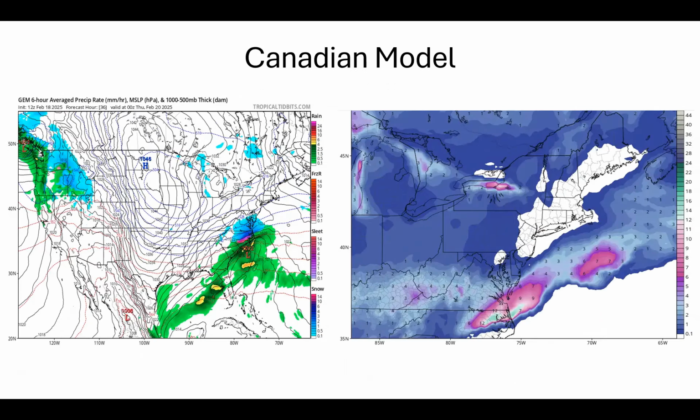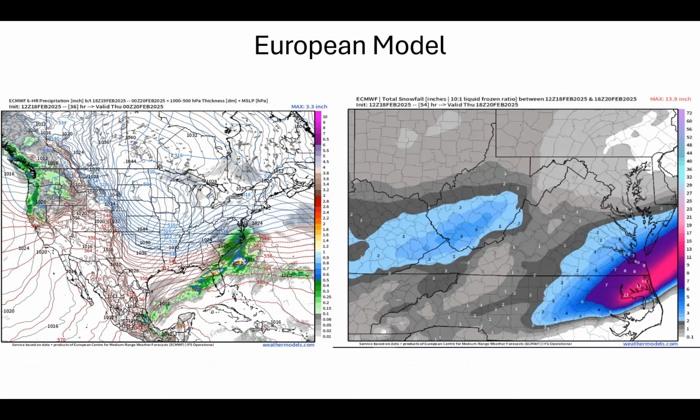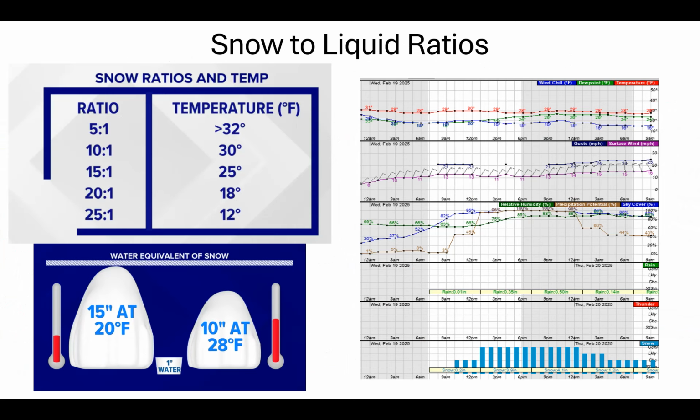Really a couple key wildcards here in the amounts. The first thing again is where these mesoscale banding effects set up. In other words, you get these smaller scale, heavier lines or bands of snow in some of these events, especially as a storm system really intensifies offshore.